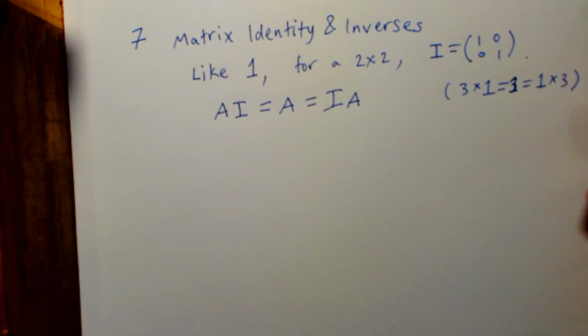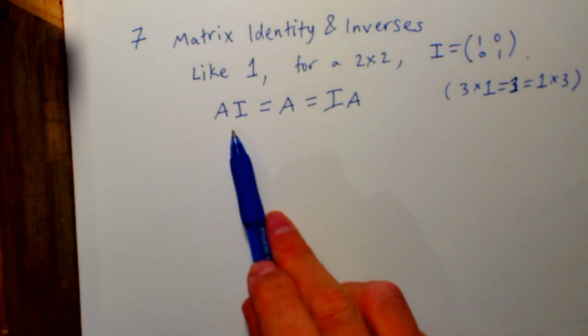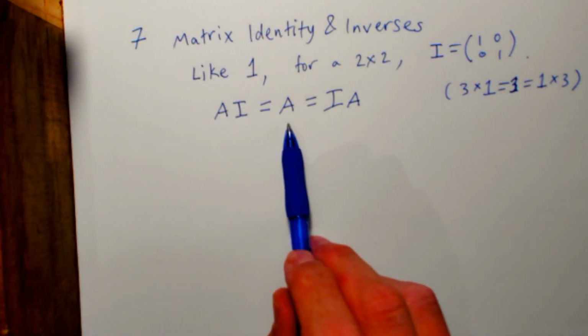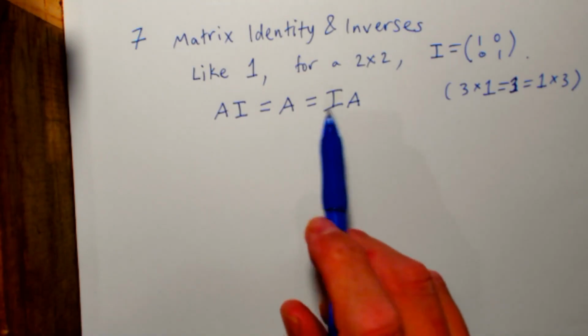So it's neutral. When you multiply by the number 1, it does nothing. Much like when you multiply a matrix A times the identity matrix, it gives you back the same matrix.